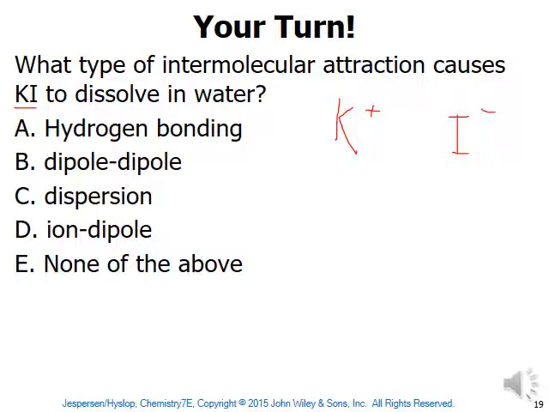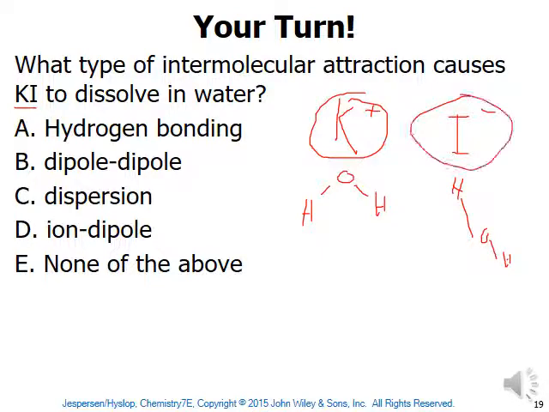The reason it does that is the negative part of water, which is on the oxygen, is attracted to the potassium, and the positive part of water, the hydrogens, are attracted to the iodide. And so they form ion-dipole interactions.